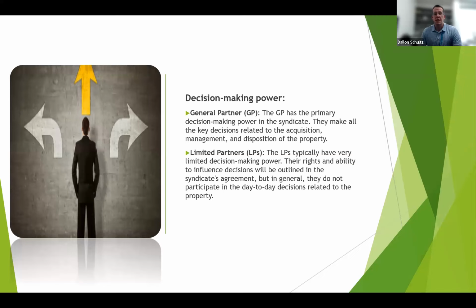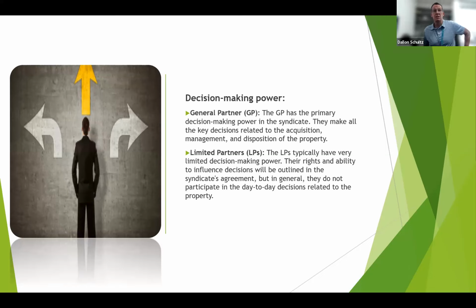Next thing, this is really important also to understand the difference between a general partner and a limited partner. So when it comes to decision making, general partners have all the authority, right? There are very limited cases where a limited partner, the reason why it's called limited, can get in and make decisions. And usually those are only when someone is doing something illegal, meaning the general partner, right?